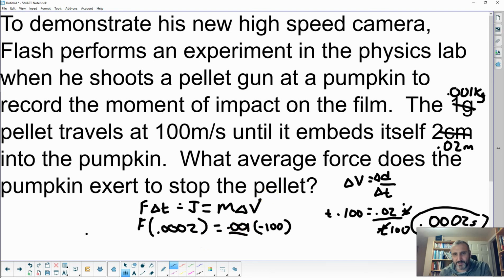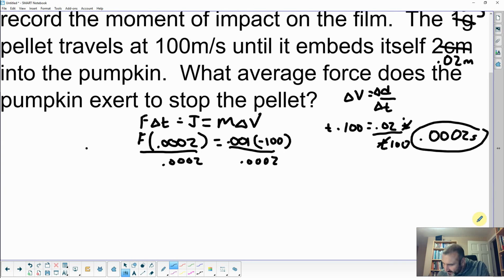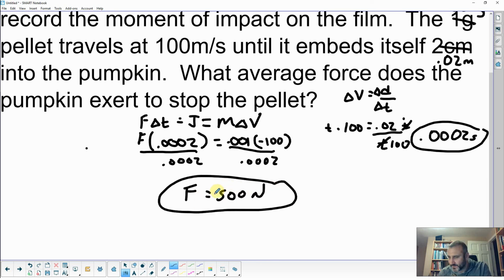Then we're going to divide both sides by 0.0002, and you will end up with a force of negative 500 newtons that is working on this pellet.